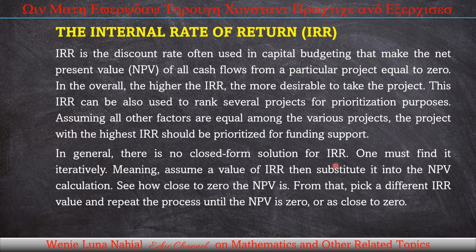One must iterate, meaning assume a value of IRR, then substitute it into the net present value calculation. See how close to 0 the NPV is. From that, pick a different IRR value and repeat the process until the NPV is 0 or as close to 0.